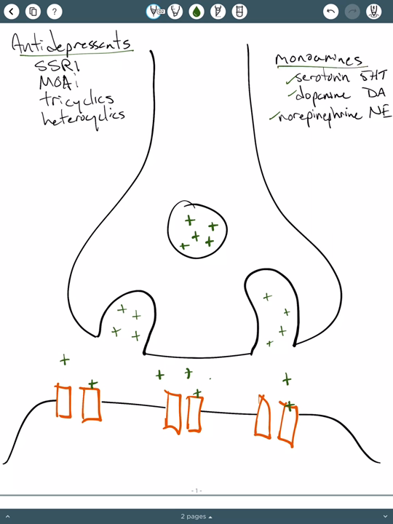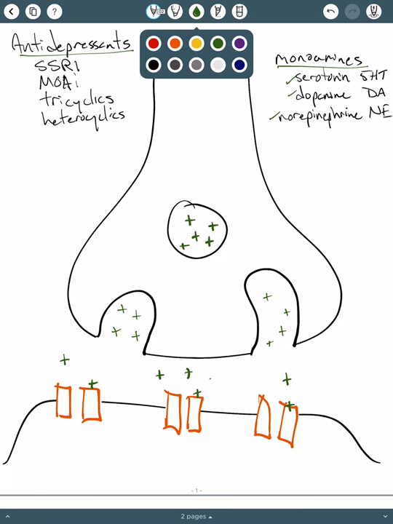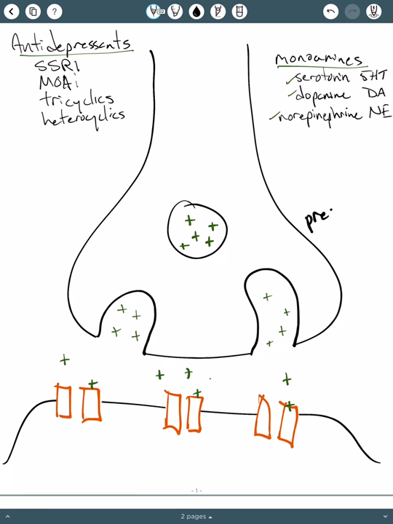When you're a presynaptic neuron and you're finished releasing your neurotransmitter, you want that signal to stop. You want the postsynaptic neuron to understand that you're done sending that message. There are a couple of different ways you can get transmitter molecules out of the synapse.